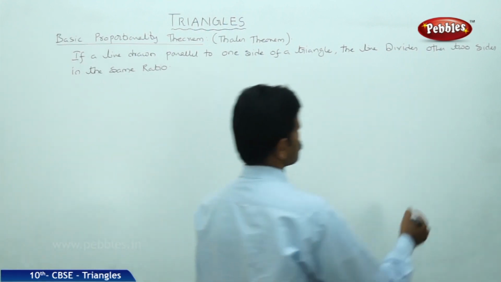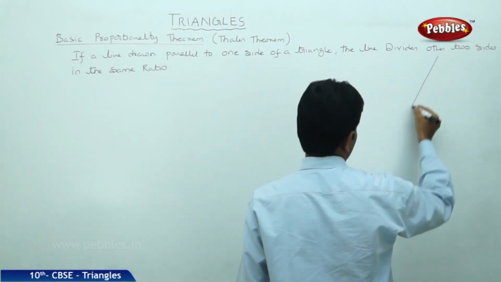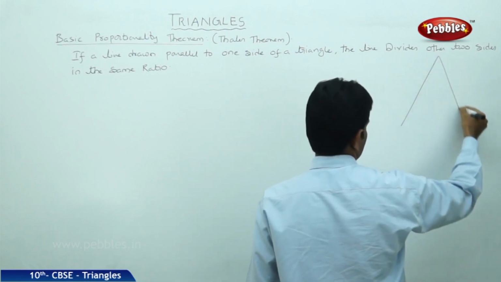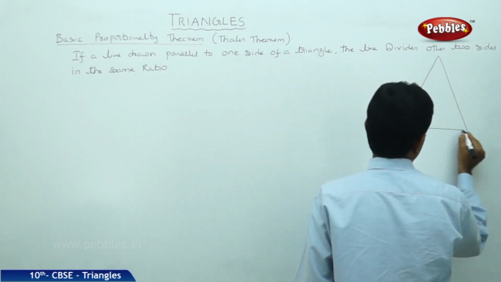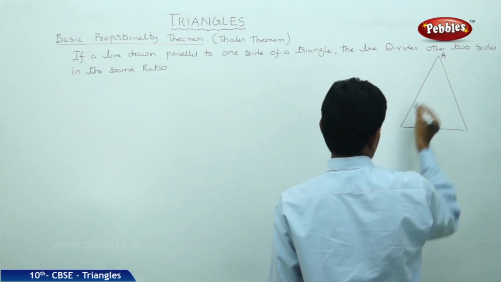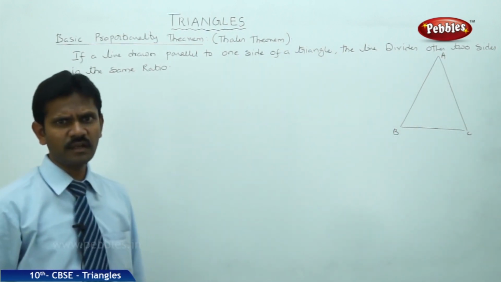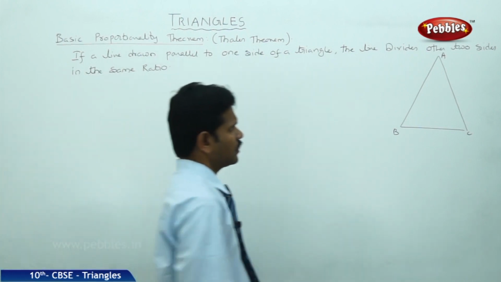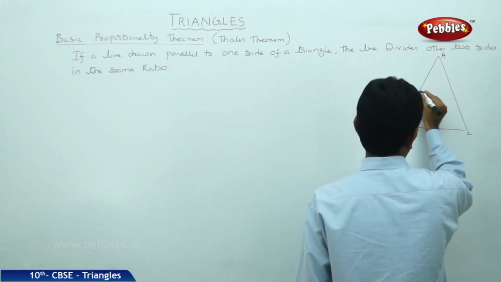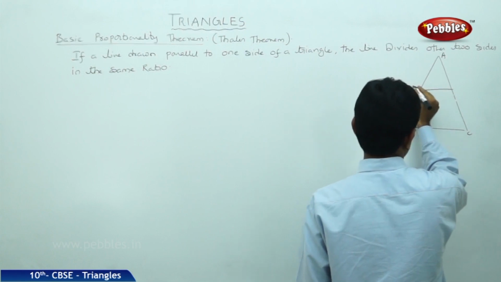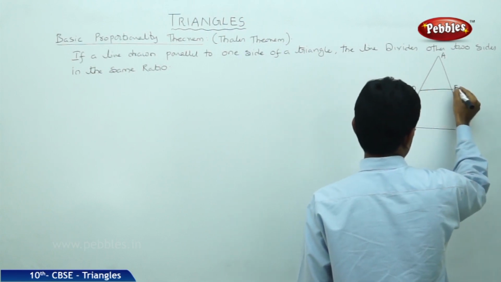That is, let us draw the diagram. ABC is a triangle, and draw a line parallel to BC. The name is DE.